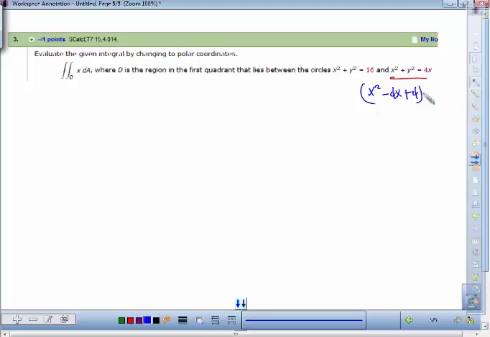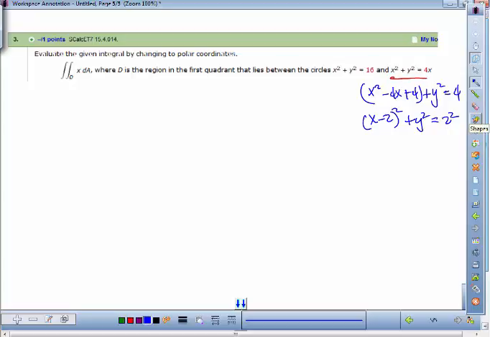I guess that's a 4. So I brought the 4x over to the other side, add 4 to both sides, and then you get x minus 2, plus y squared is equal to 2 squared.